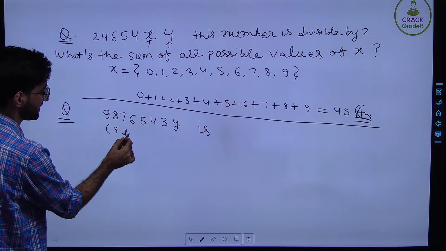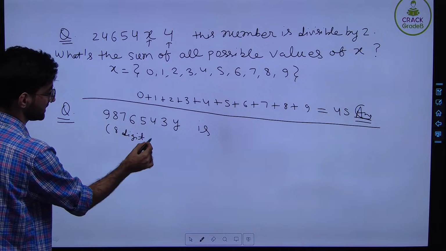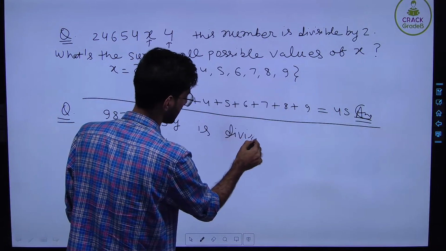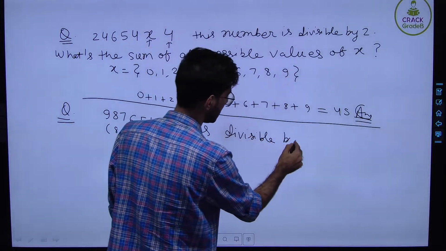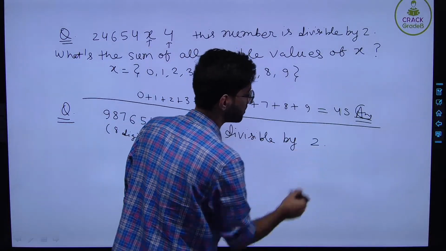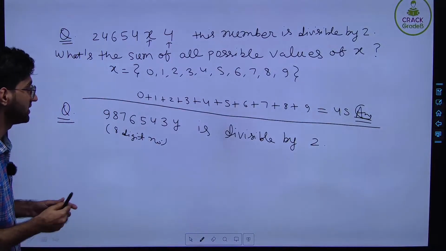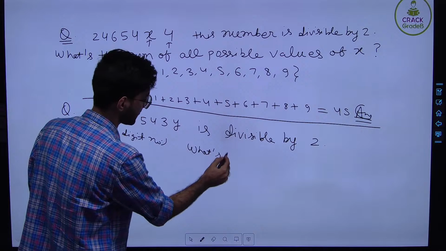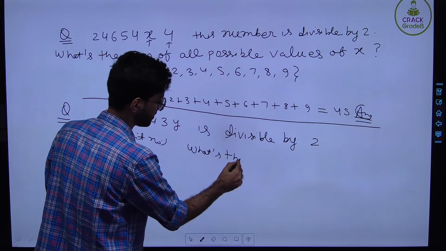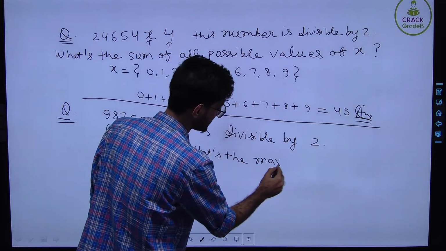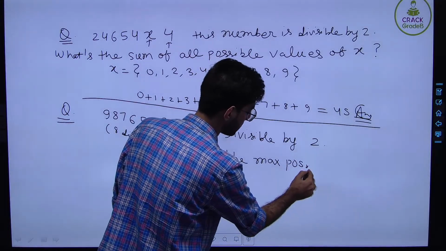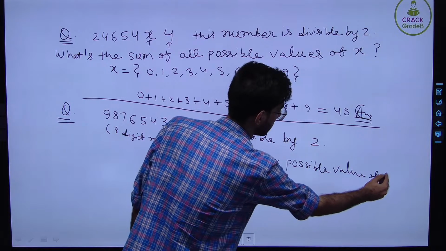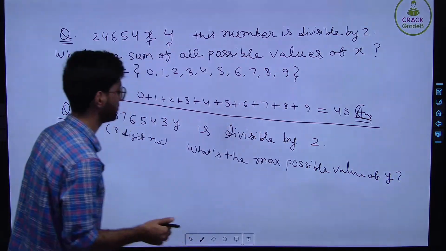Remember, this is an 8-digit number. Now you have to answer what is the maximum possible value of y.